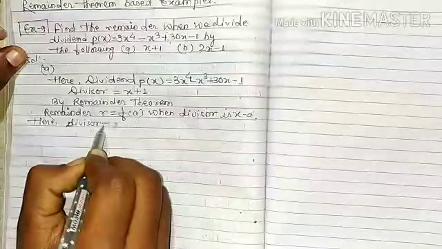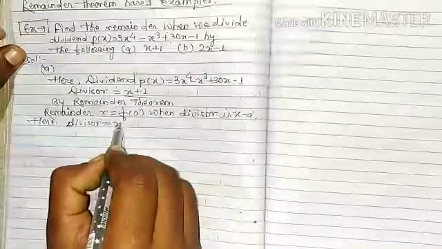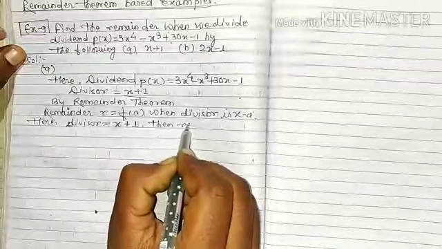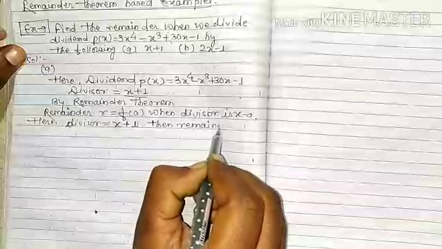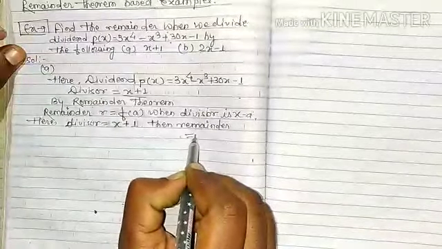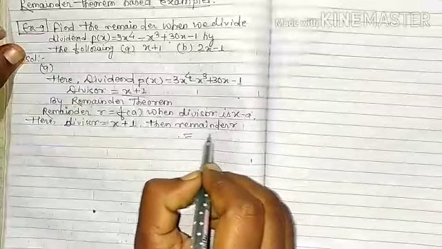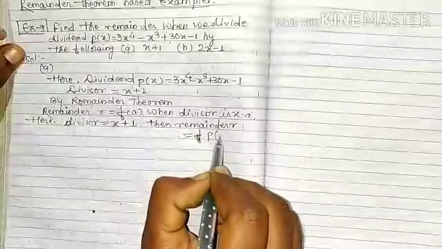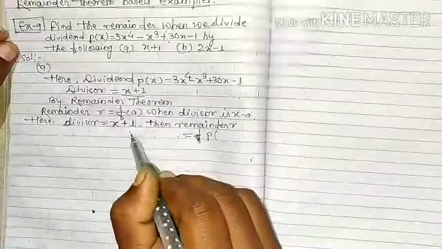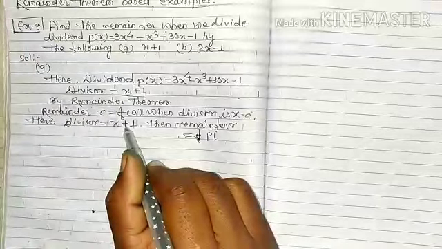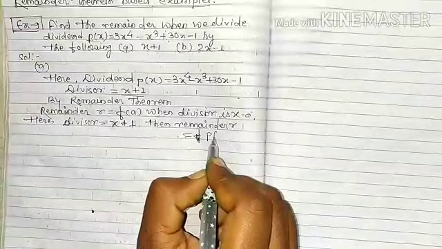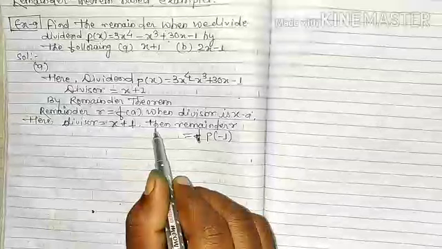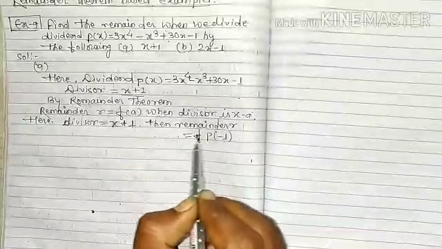Here divisor is x plus 1, here positive, then remainder r is equal to p at the value of minus 1. Then remainder is equal to p(minus 1).